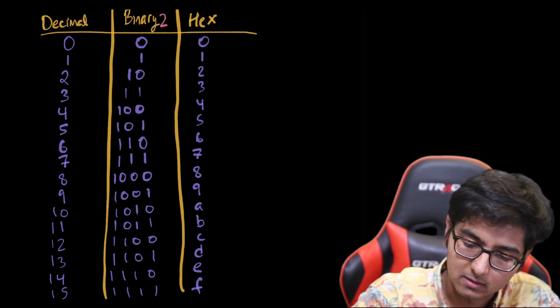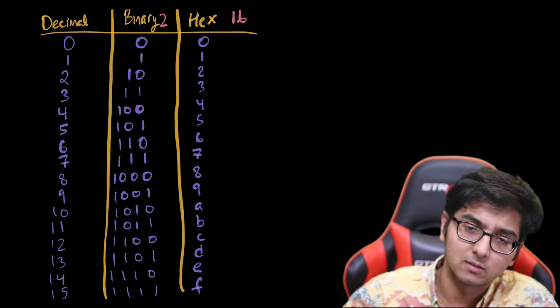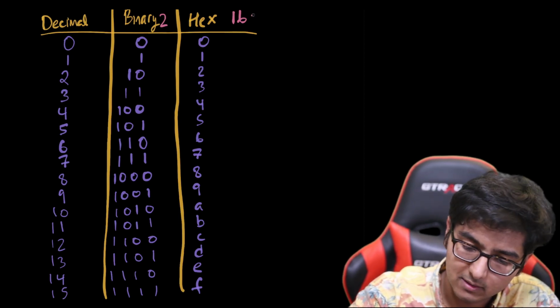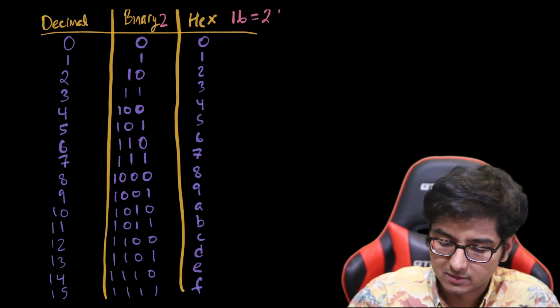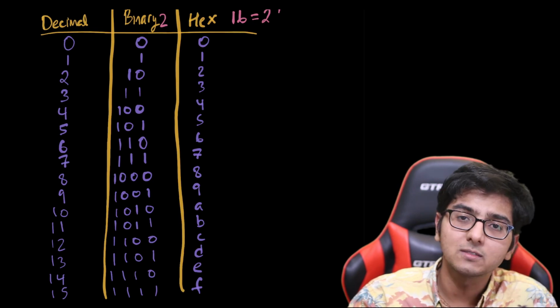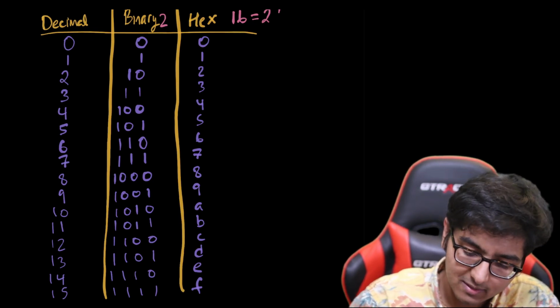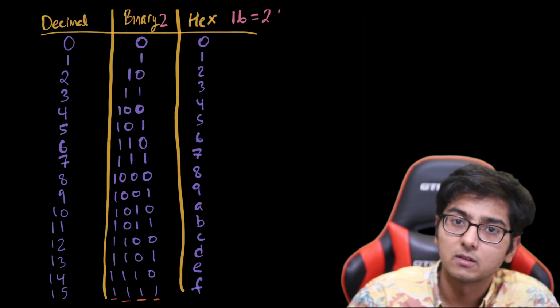A hex numbering system is base 16. Now there's something special about the relationship of 2 and 16. Well, it turns out that 16 is 2 to the power of 4. So maybe that 4 can help us out. In fact, if we look at this, the largest hex digit can fully be satisfied exactly by 4 binary digits.